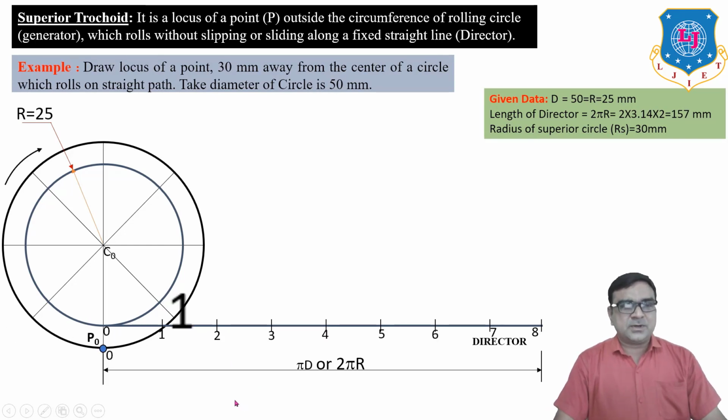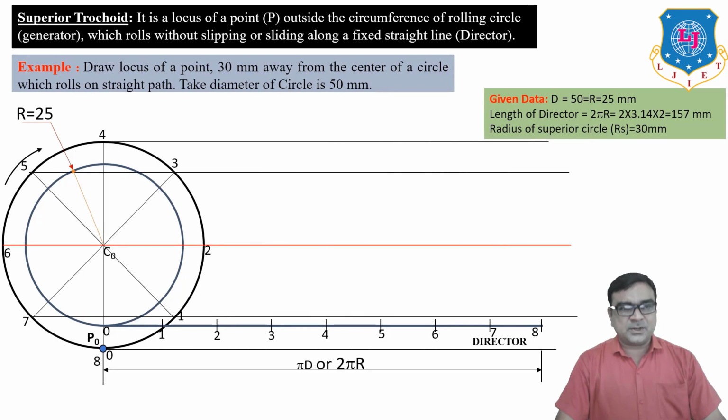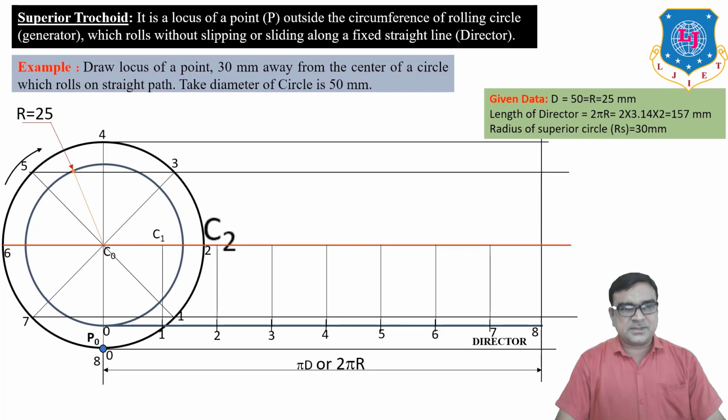For clockwise rotation, the numbering will be anti-clockwise. Draw horizontal lines from every point on the outer circle, and draw vertical lines from the director to obtain the center points C1, C2, C3, C4, C5, C6, C7 and C8.